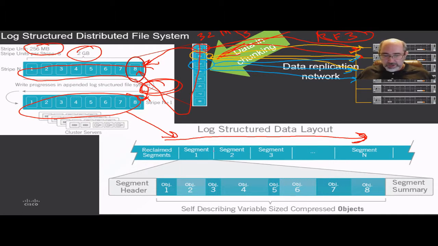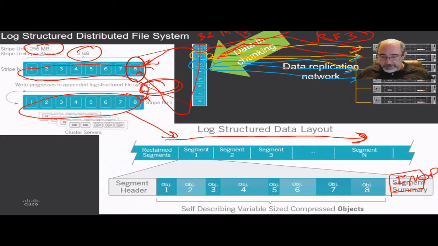This stripe uses inode technology, so let's just put that over here. Your inode is in the stripe, so you're not really writing files per se to the disk. There's no concept of writing files to the disk. It's all a sequential write.